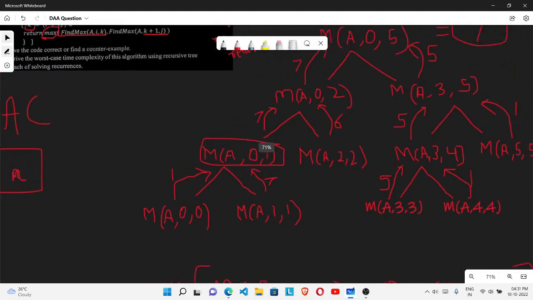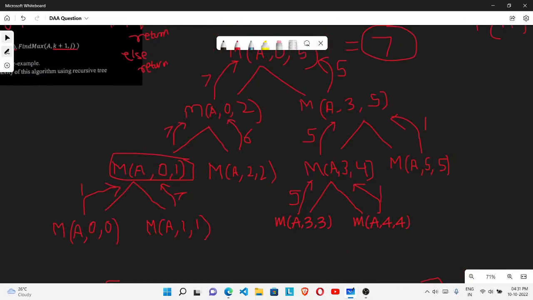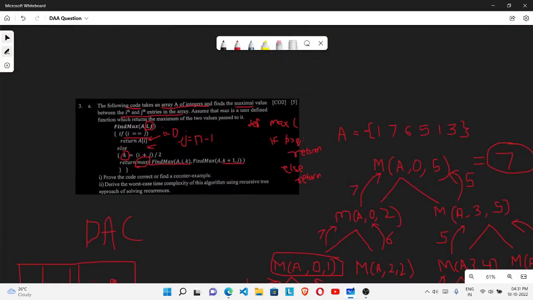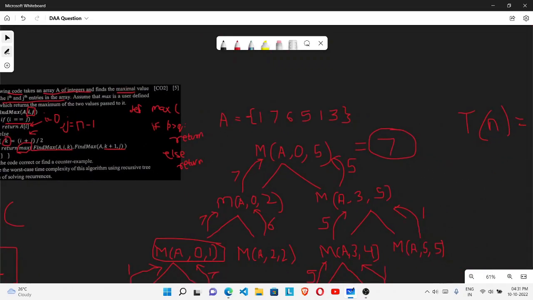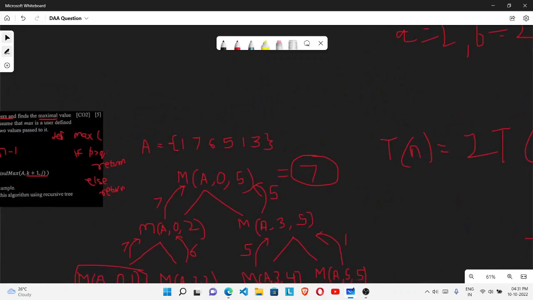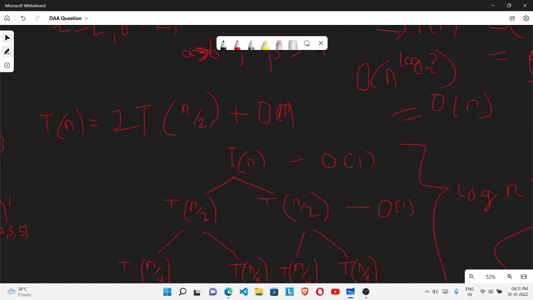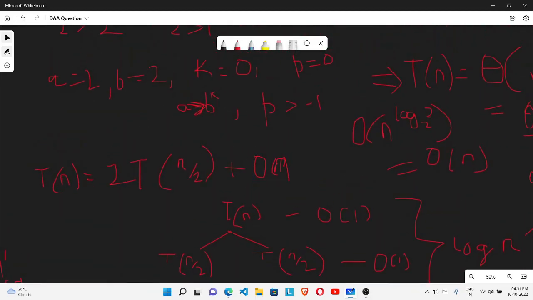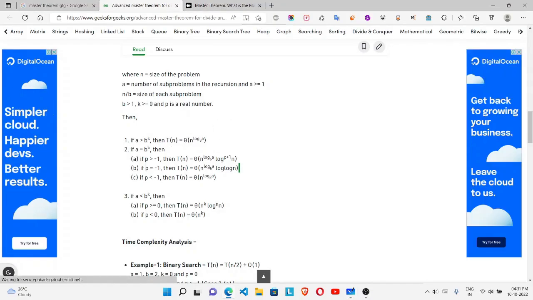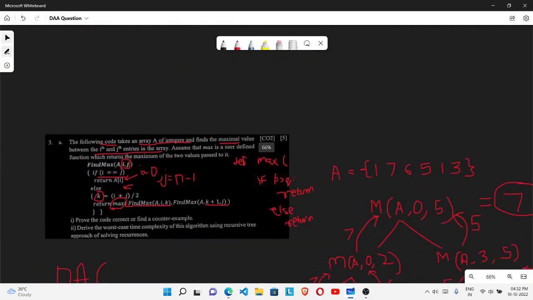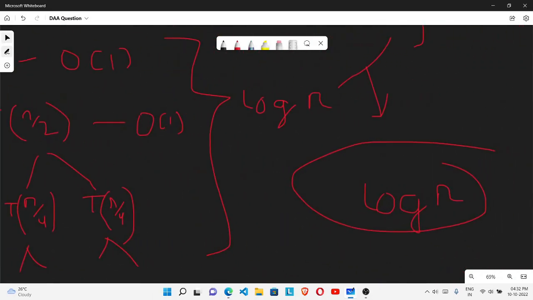See, logically it should be a logarithmic answer. Okay, so you are traversing every element, right? So for accessing every element also it will take linear time. T of n equals 2T of n by 2 plus big O of 1, theta of n raised to log a base b. So worst case complexity is big O of 1, it's not logarithmic.